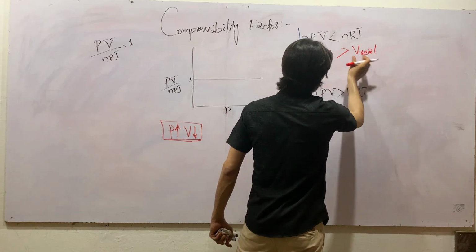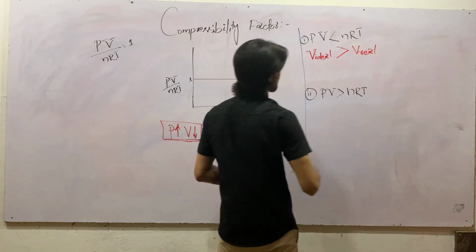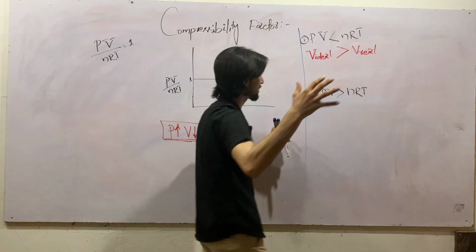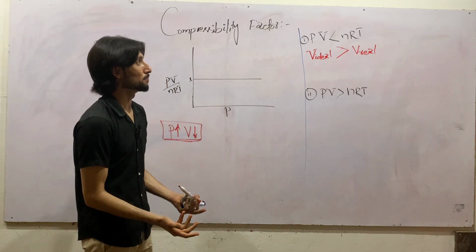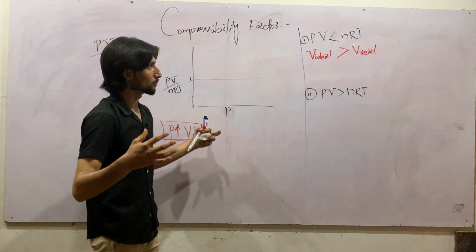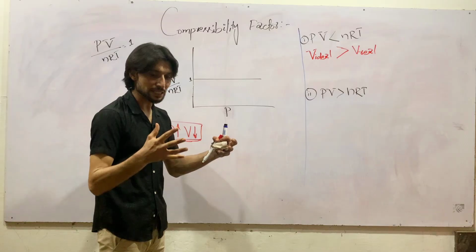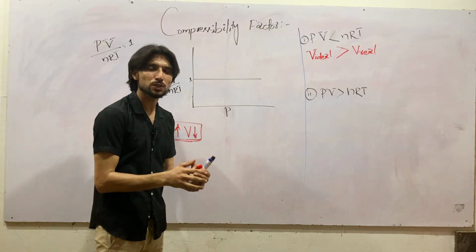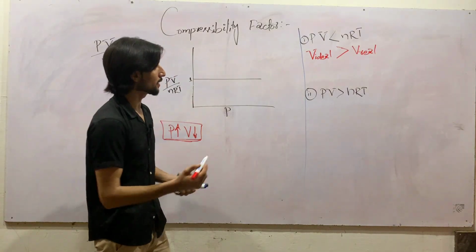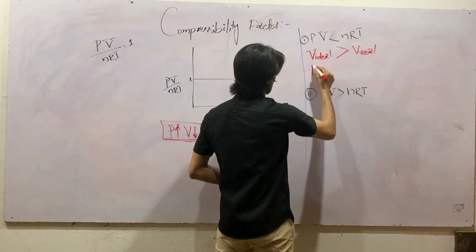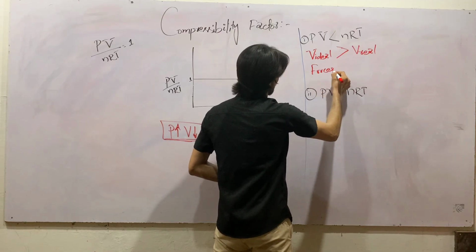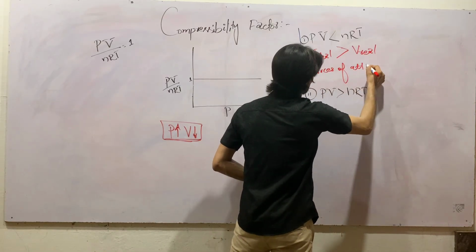In reality, I see a lesser volume, compressing more than it should have been. So if the volume is compressing more than it should have been, it means the particles are coming closer than I have predicted. It means there are forces of attraction among the molecules.